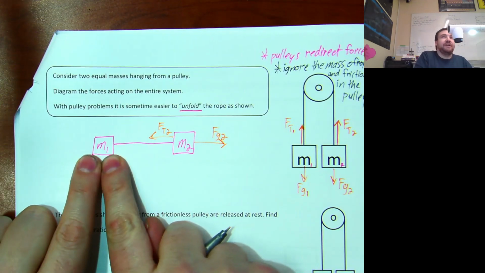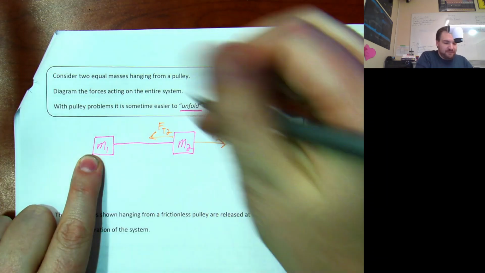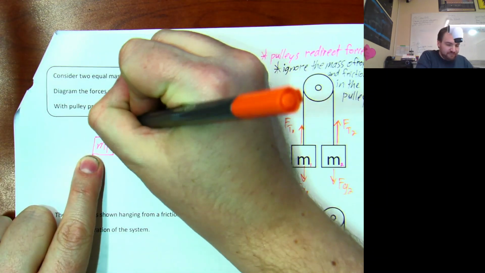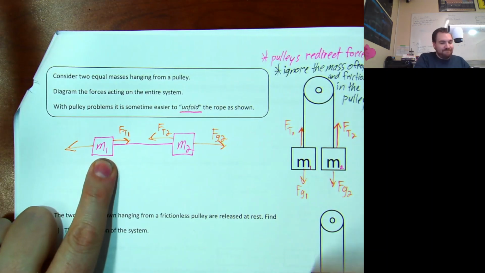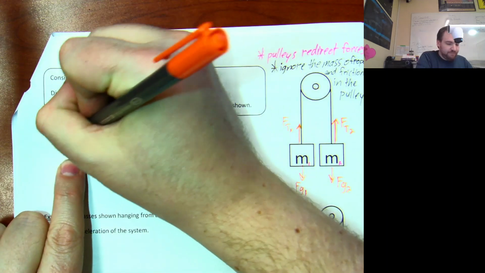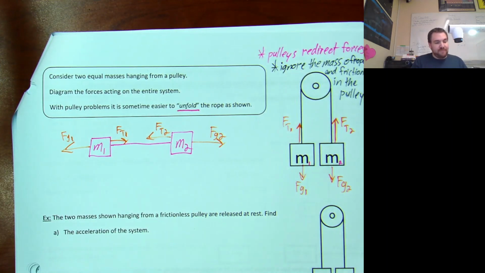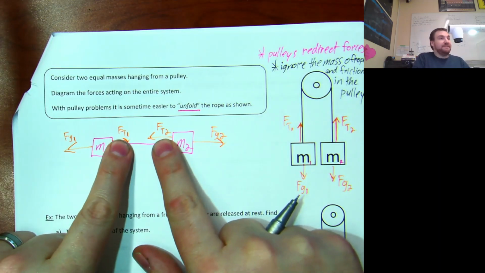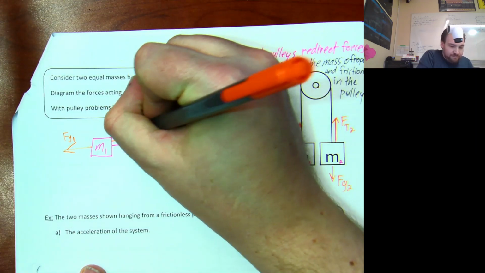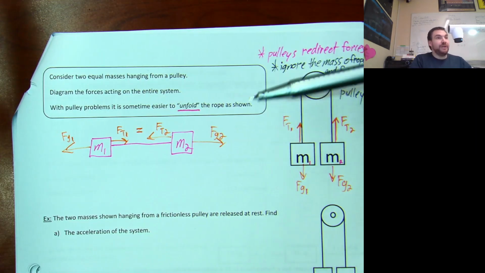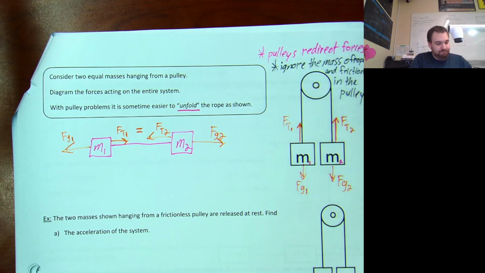What's pointing to the right on this block? And to the left on this block? Fg1. What do we know about Ft1 and Ft2? Thank you. These two have to be equal. And now from here we can go through setting this whole thing up.